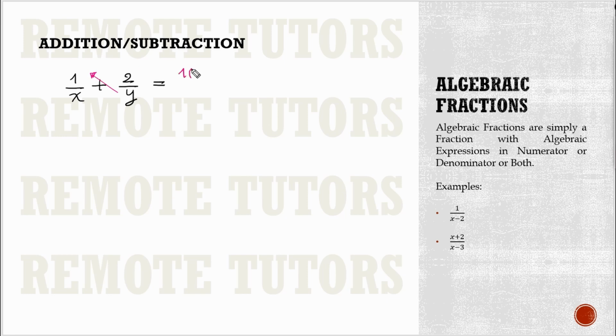Cross multiply 1 times y plus 2 times x divided by the product of the denominators. That's how it works. Now you get y plus 2x divided by xy.